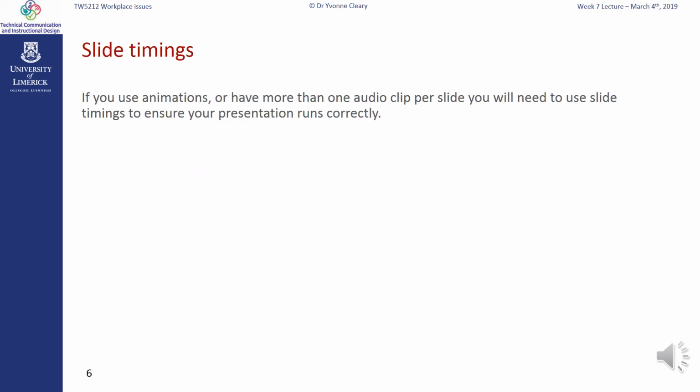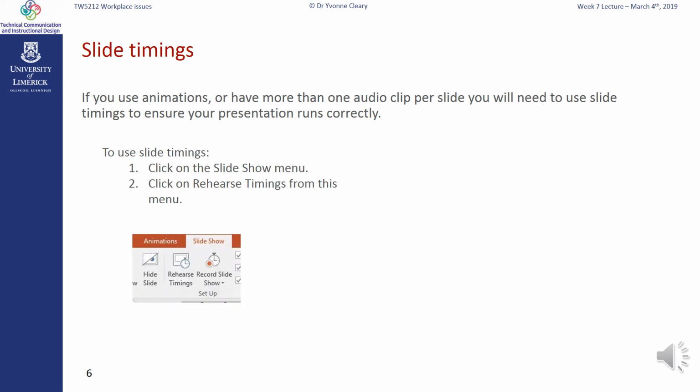If you have animations or if you have more than one audio clip per slide, you'll need to use slide timings to ensure that your presentation runs in the correct order and at the correct time in the final MP4 file. So to use slide timings, click on the slideshow menu and then click on rehearse timings from this menu.